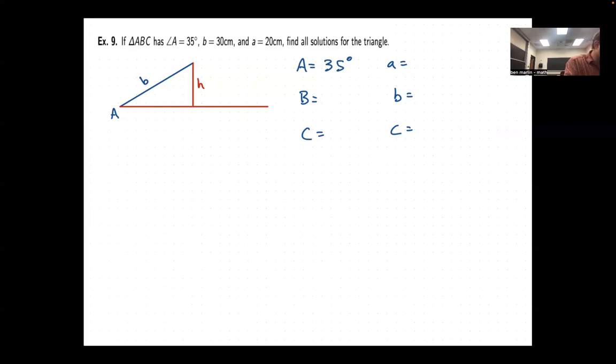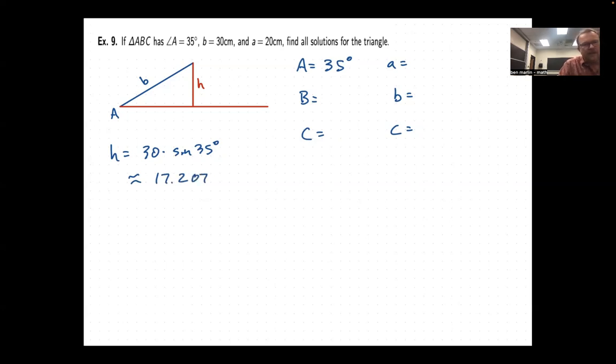And so here I'm going to calculate the H for comparison. And to do that, I will do B, which is 30, times the sine of 35 degrees. And as usual, I have to take my calculator and do that out. And I end up getting 17.207.